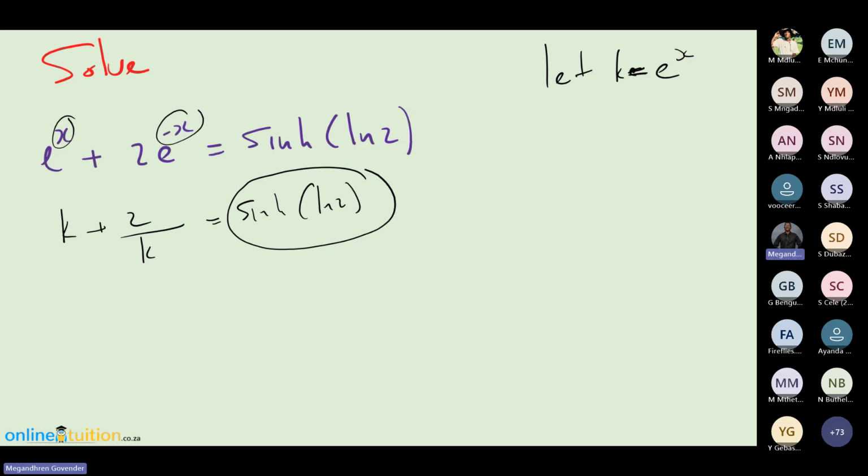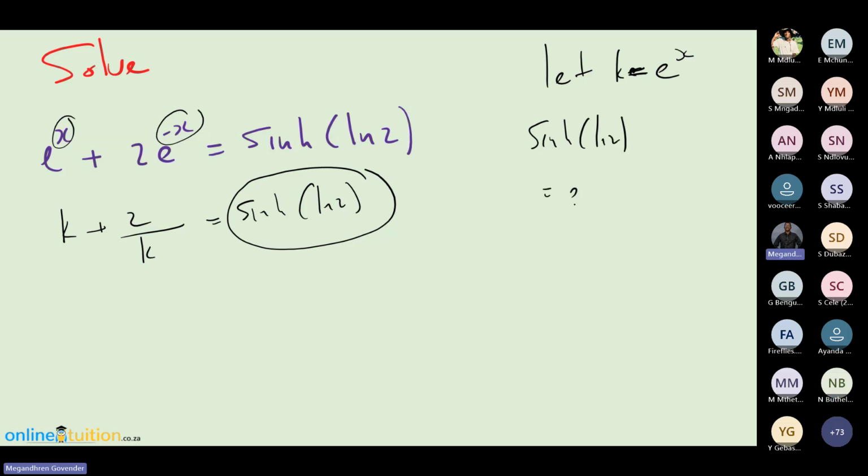Sine of ln 2. Can that be simplified? And that's what someone asked me in class. So sine of ln... 3 over 4. 3 over 4.